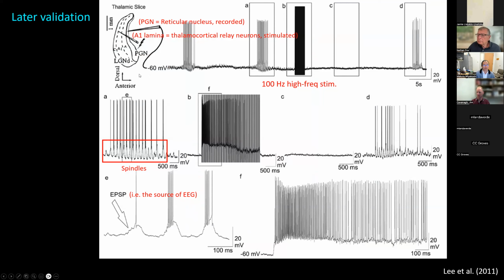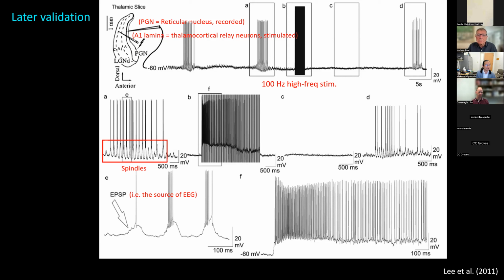This is a slice study. So they sliced the ferret thalamus, and conveniently, this slice contains both the reticular nucleus and thalamocortical neurons. And they delivered the electric stimulation to the thalamocortical neurons, and they recorded the electric responses within the reticular nucleus.